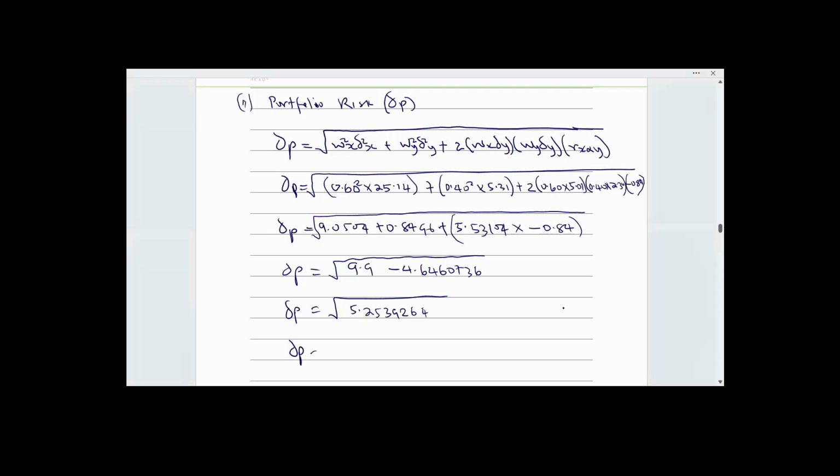The risk of the portfolio is equal to 2.29.